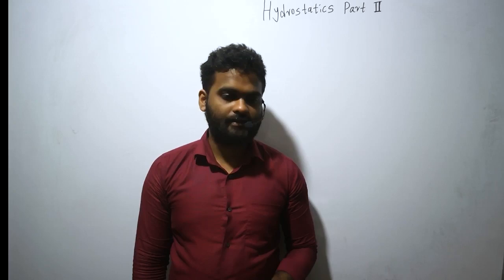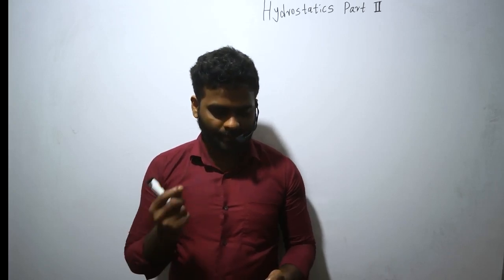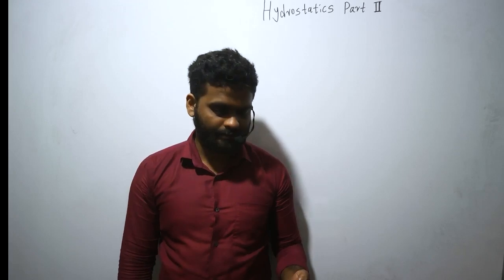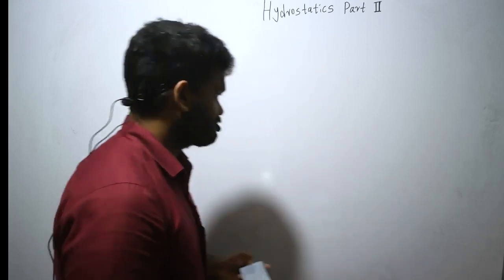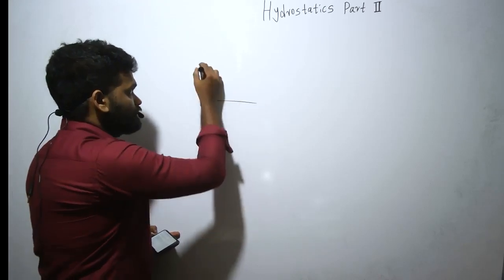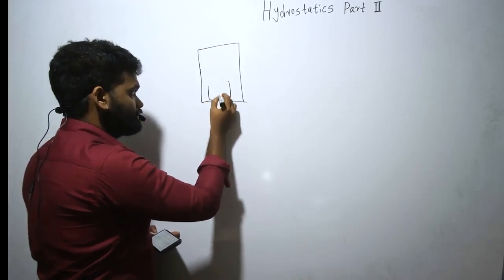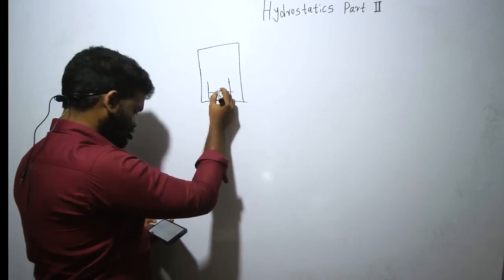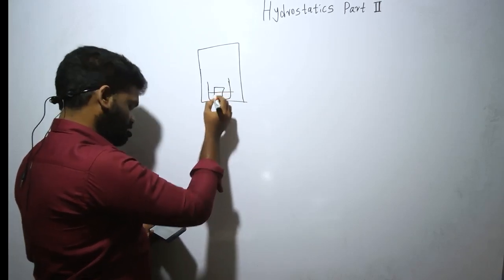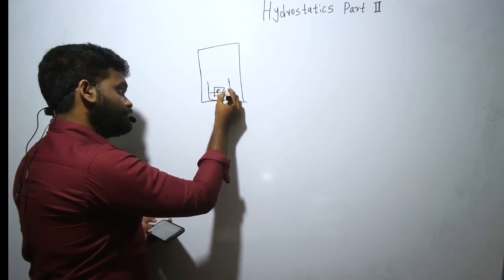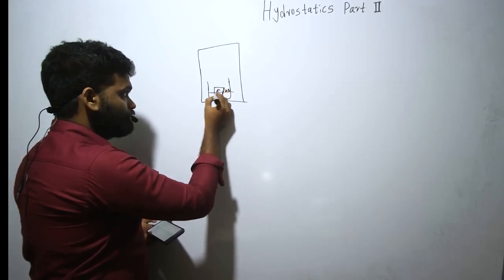Right, 14th question. The upthrust acting on a wooden block floating on a water vessel inside a lift moving at 2 meters per second is 2 Newton. So let's say there's this lift, there's a water vessel, then there's a wooden block floating, and they say the upthrust is 2 Newton acting on the wooden block.